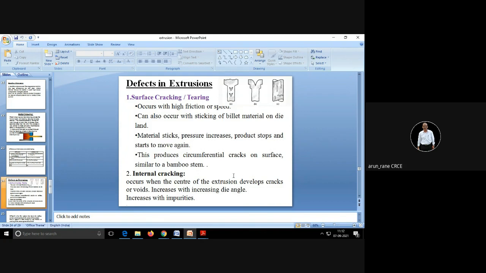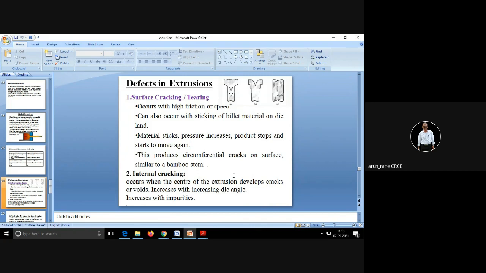You can have surface cracks and internal cracks. Internal cracks are mainly because of blowholes, voids or hollows. Surface cracking is because of friction, speed, or sticking.